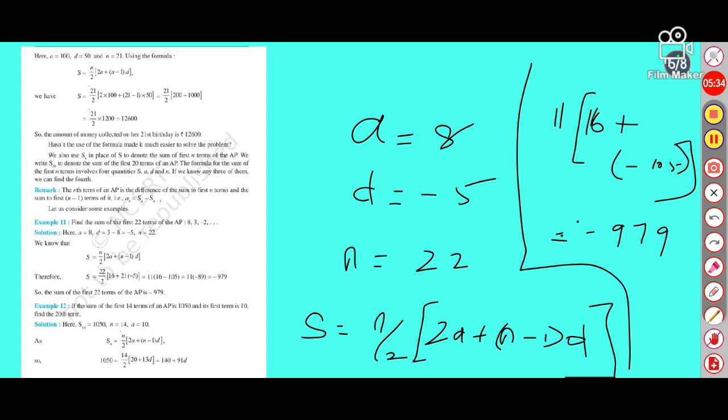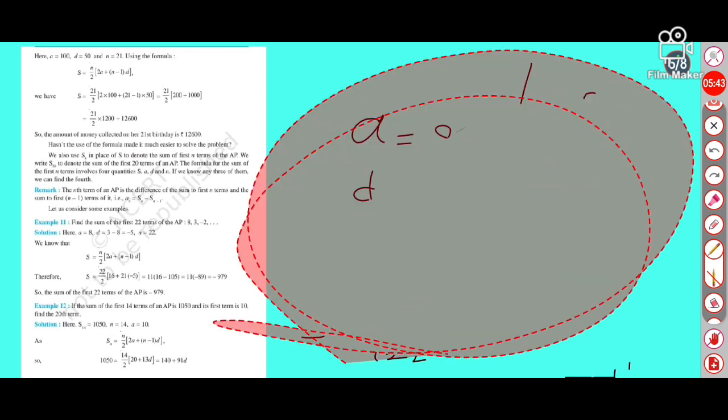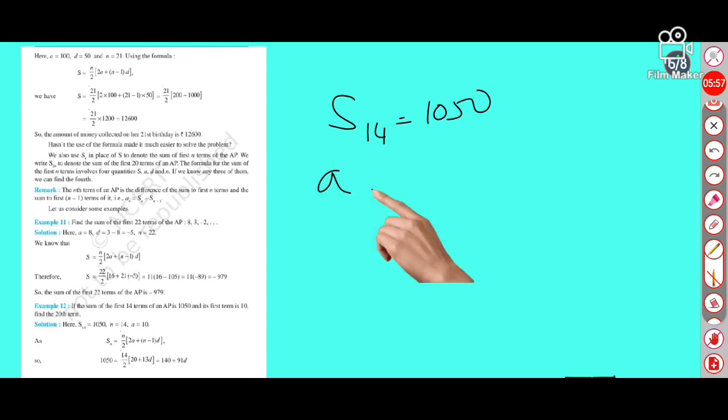So this is the first example given, and similarly example 12. They have given the sum of first 14 terms to be 1050. The a value is 10. So 14 means n is equal to 14.